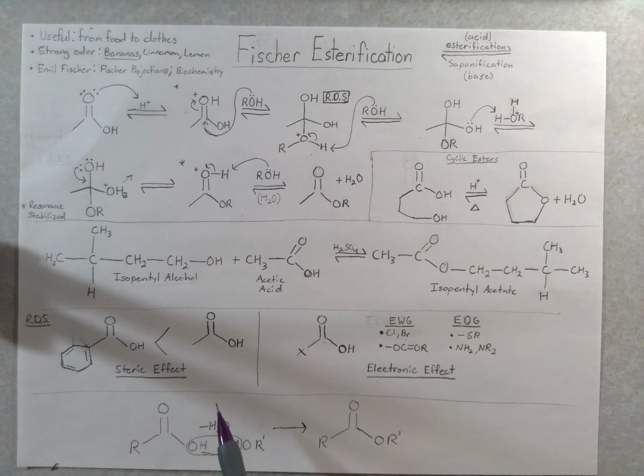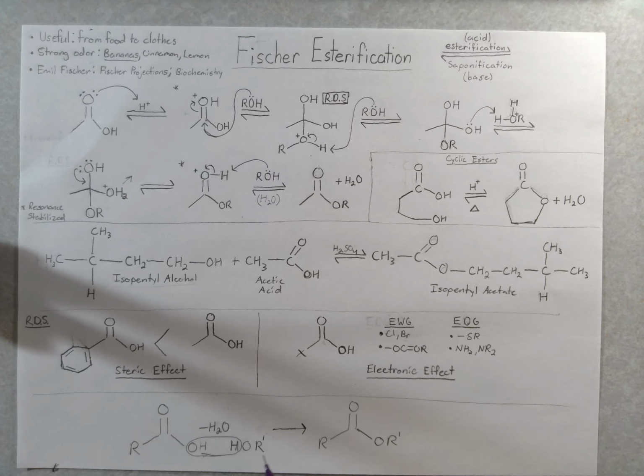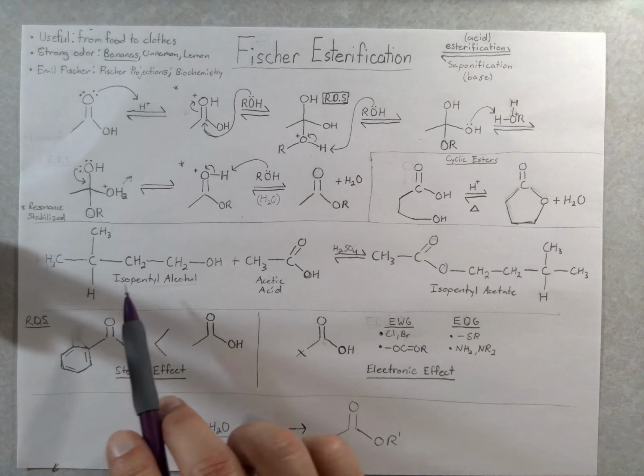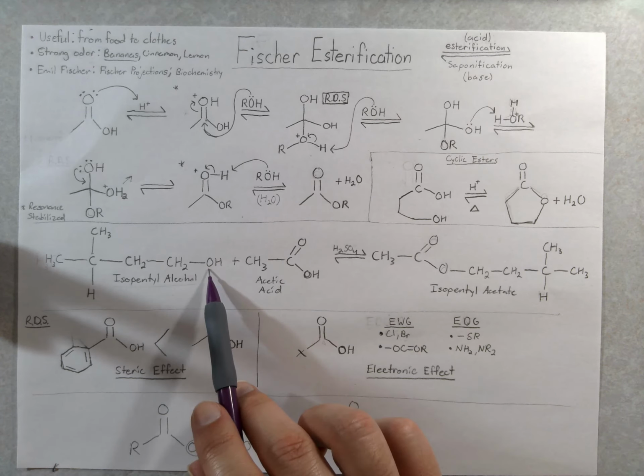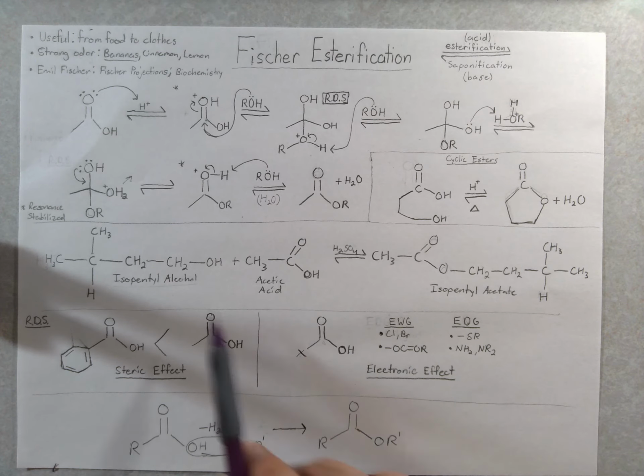And overall, you're just going to eliminate a water molecule and replace this oxygen here with the oxygen and the alcohol's alkyl group, forming your final product here. As you can see, drawn out here, we have our oxygen. Oh, oops! It appears I didn't draw it out quite as I thought, but still, overall, that is able to help you visualize it more easily. So if you have any future problems, you're more able to get to the solution faster.